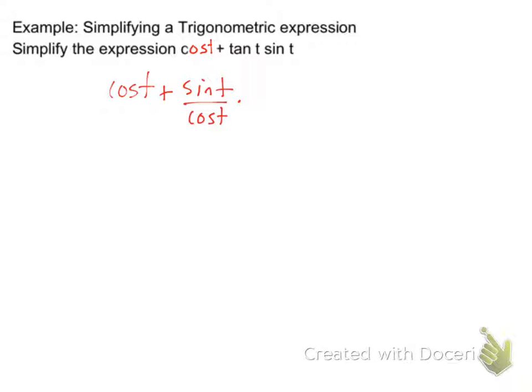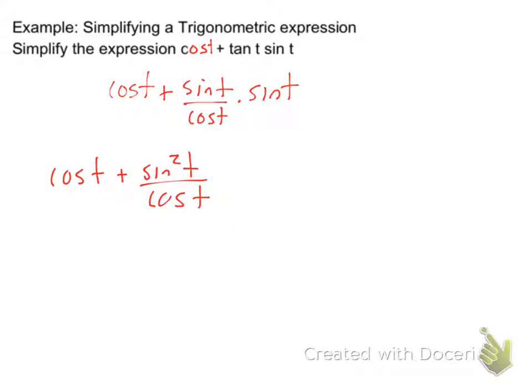And we're going to multiply that by sine t, which is sine t over 1. Can I put that together? Okay. I have cosine t plus sine squared t over cosine t.